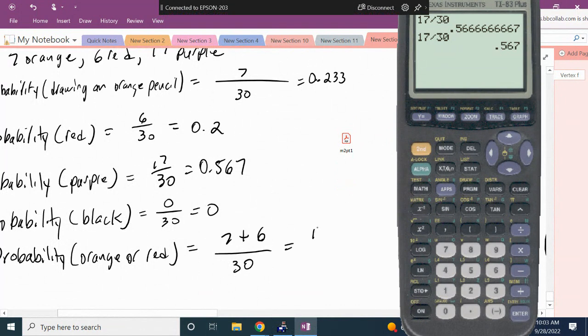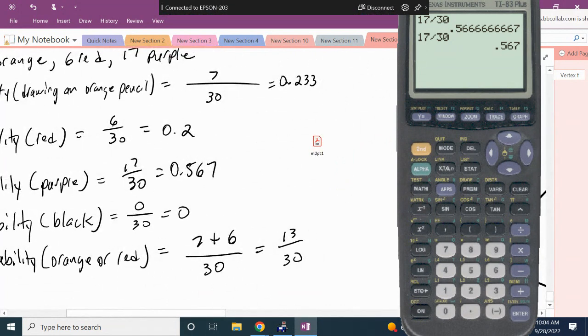So that probability is 13 divided by 30. So I simply added the number of orange pencils and the number of red pencils, right, to get the number of ways you can choose an orange or a red. So 13 divided by 30 should be 0.433.